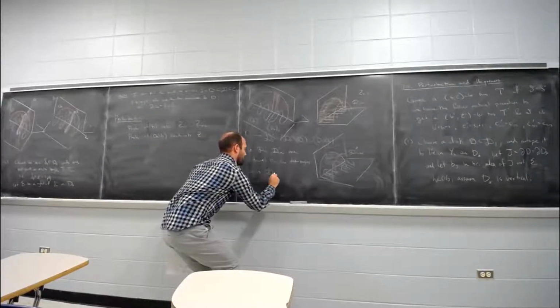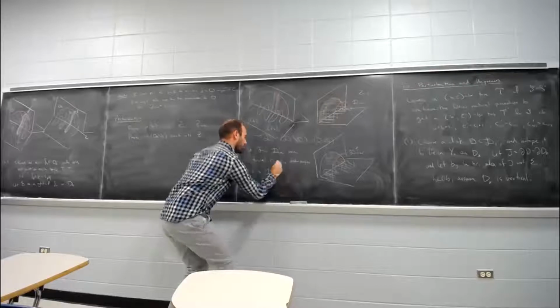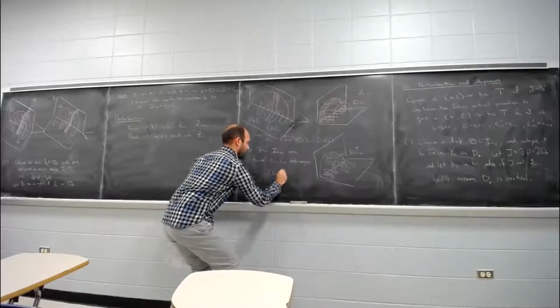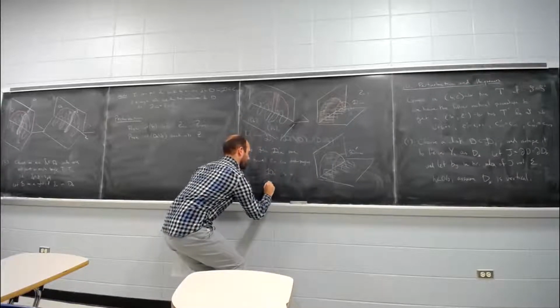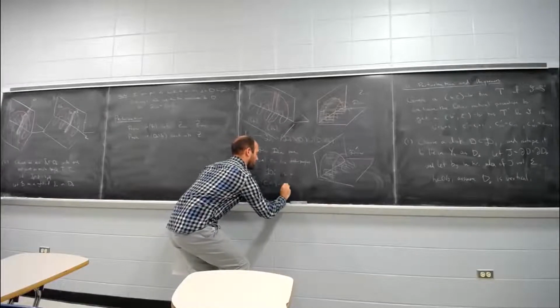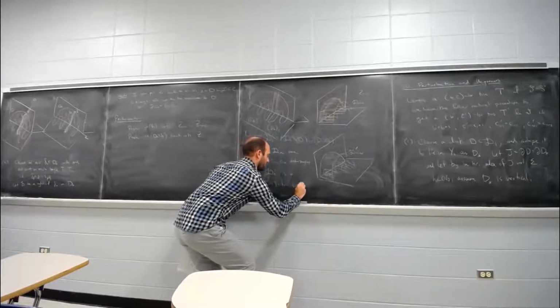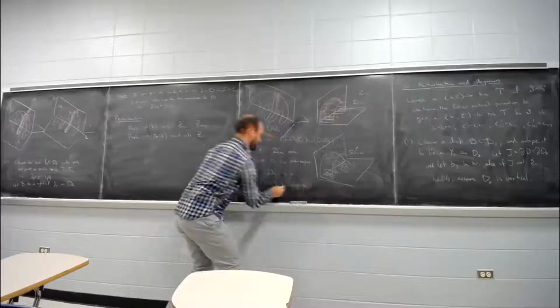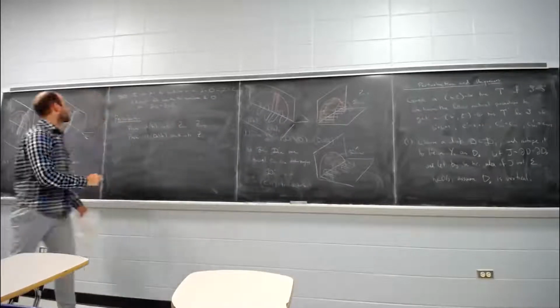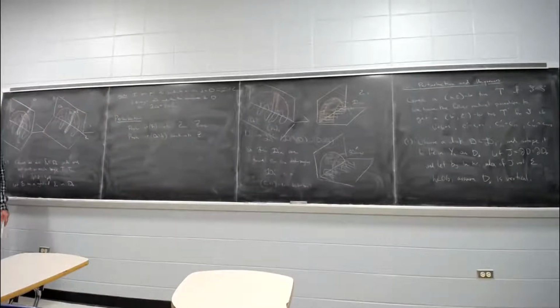So d sub i prime is a c sub i plus 1 trivial disk tangle. Okay, so the complexity of that piece has increased by 1 because we split it into 2.